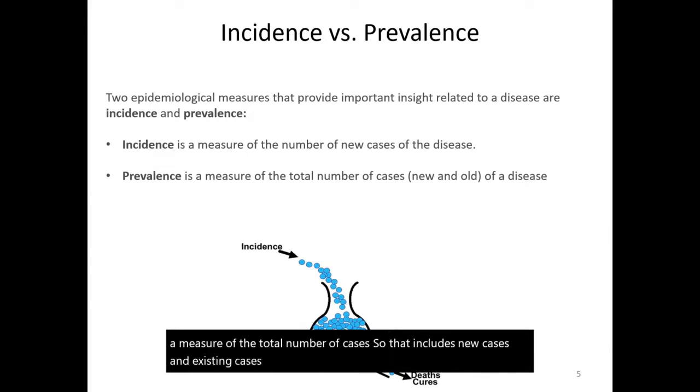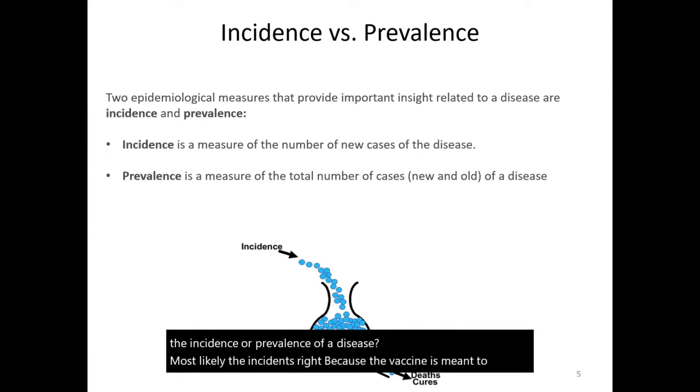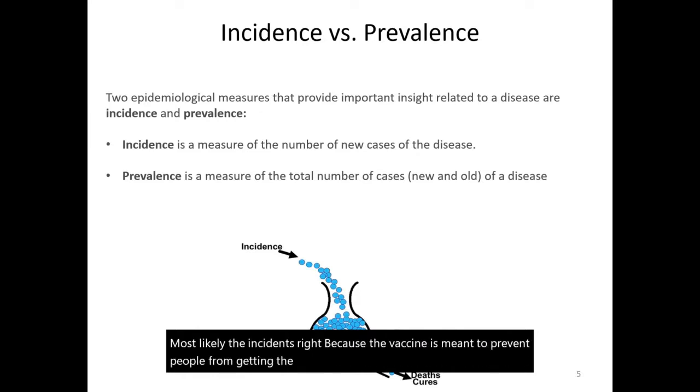Okay, so pretend you work for a vaccine company. What are you going to be most concerned about? The incidence or prevalence of a disease? Most likely the incidence, right? Because a vaccine is meant to prevent people from getting the disease. So you would want to track the number of new cases because, in theory, the vaccine will decrease the number of cases of that disease.